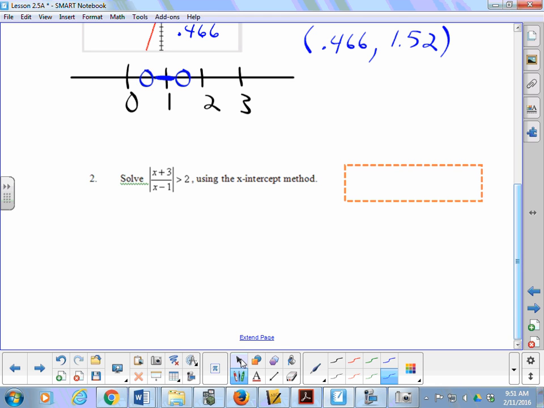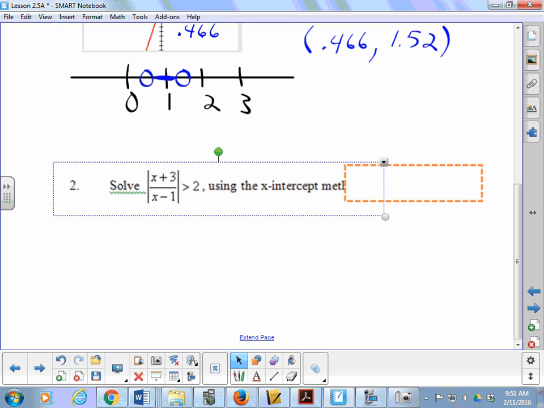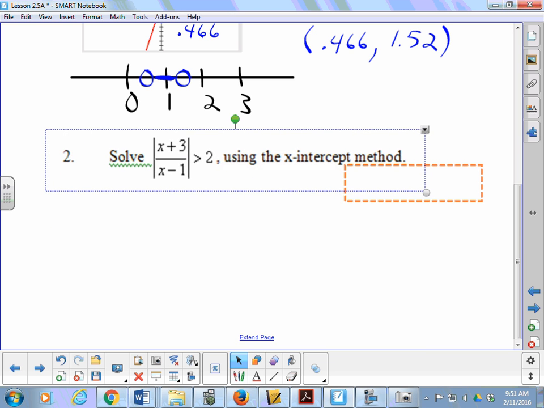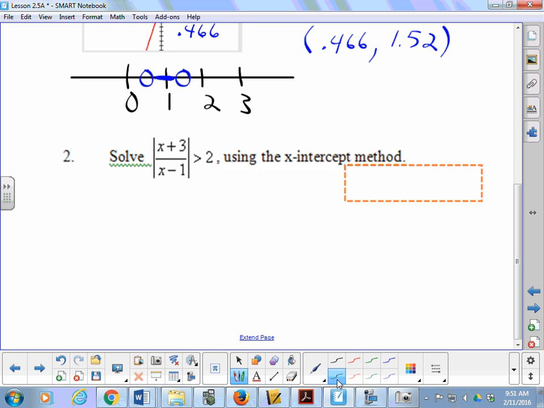Solve the absolute value of x plus 3 over x minus 1 is greater than 2. And this time we're going to use the intercept method, x-intercept. So to use the x-intercept method, we need to do what? All right, get it by itself. So we're going to start by subtracting 2.